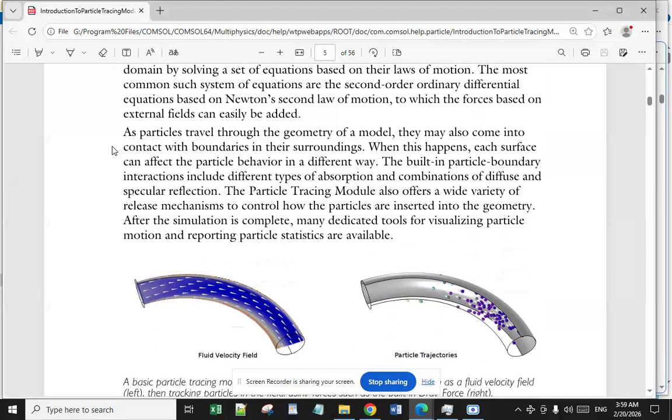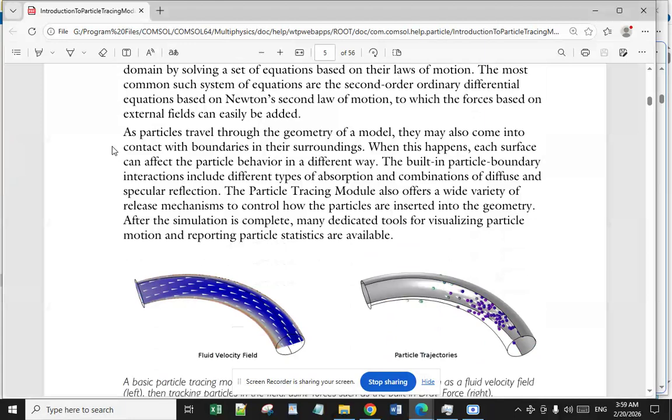As particles travel through the geometry of a model, they may also come into contact with boundaries in their surroundings. When this happens, each surface can affect the particle behavior in a different way. The built-in particle boundary interactions include different types of absorption and combinations of diffuse and specular reflection.